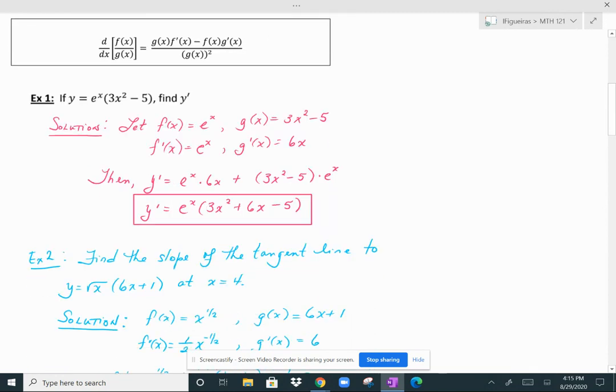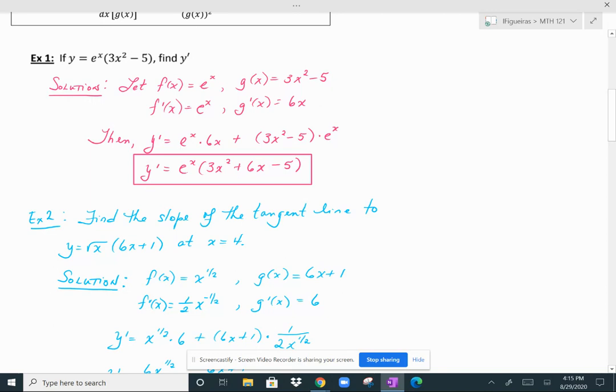All right, so here the question is to find the slope of the tangent line to the curve y equal to the square root of x times 6x plus 1 at x equal to 4. So remember, the slope of the tangent line to a curve is basically the derivative. The derivative represents the slope of a tangent line to a curve.